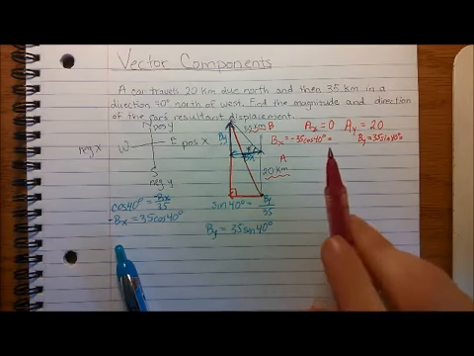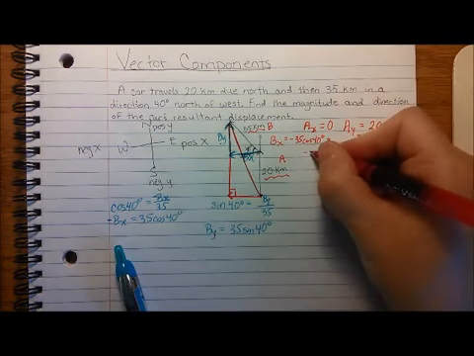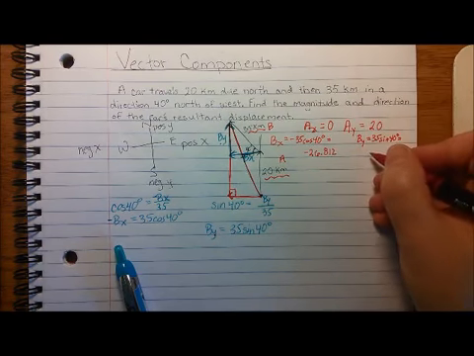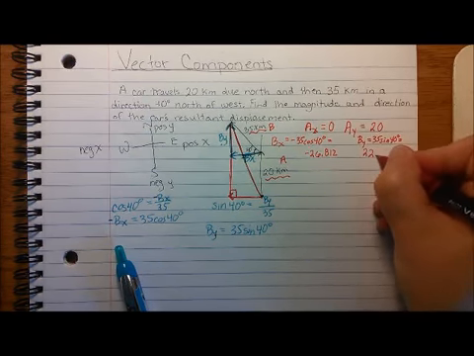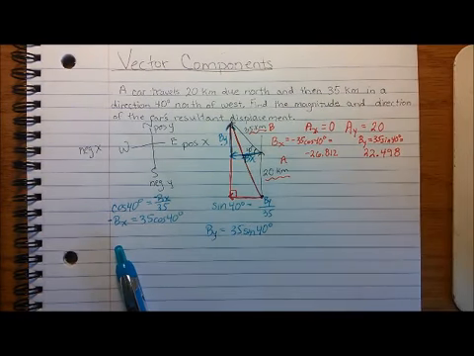If you plug these into your calculator, bx will end up being negative 26.812, and by is going to end up being 22.498.